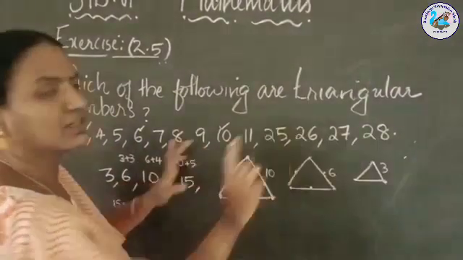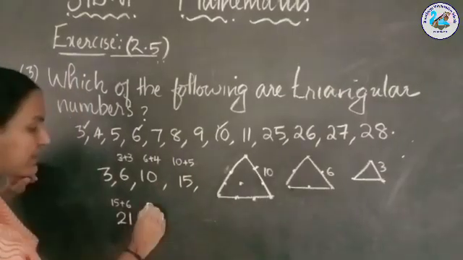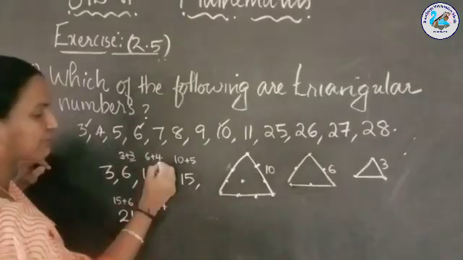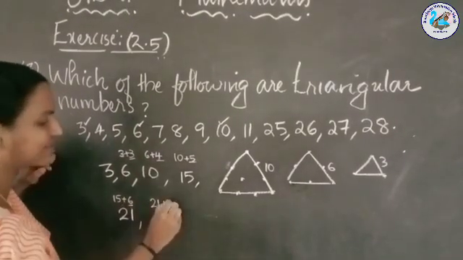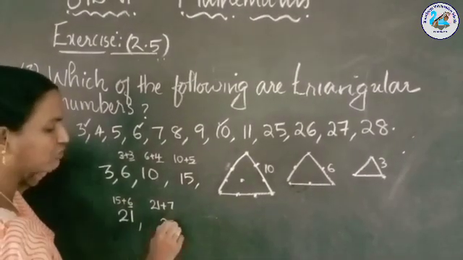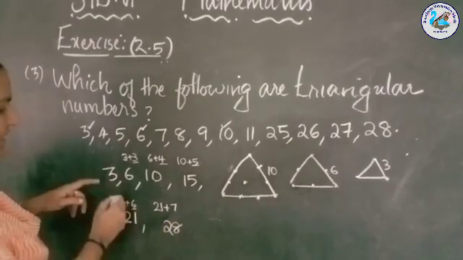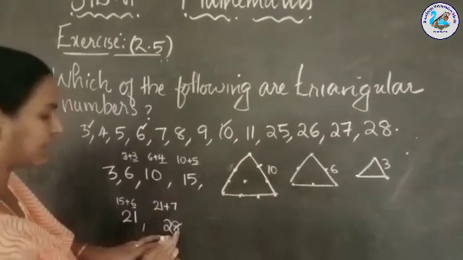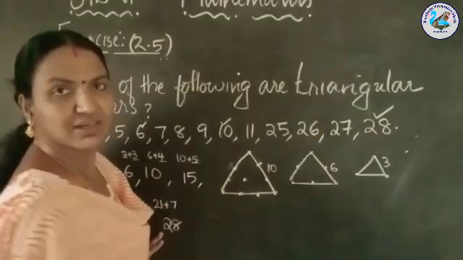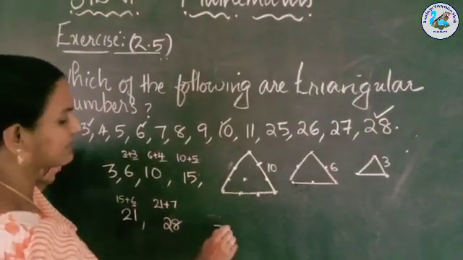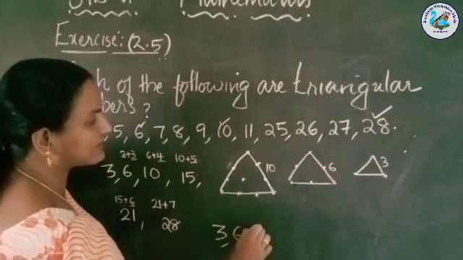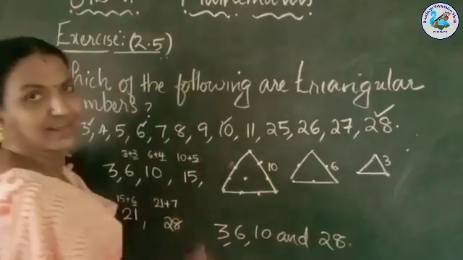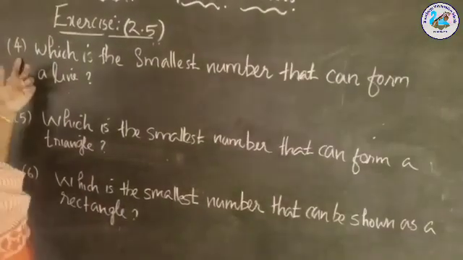Is 21 there? No. Then the next number is 21 plus 7, which is 28. So 3, 6 and 10 are there, 15 and 21 are not there, then 28. So the triangle numbers are 3, 6, 10 and 28.